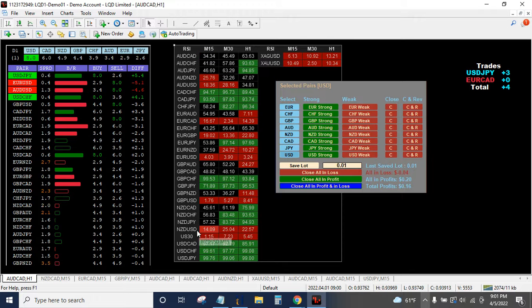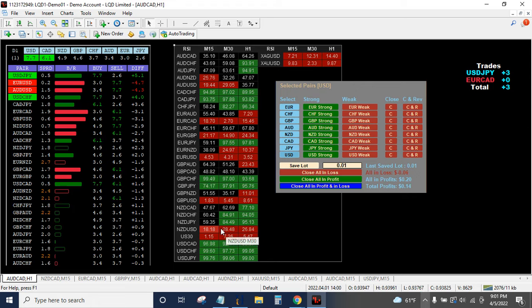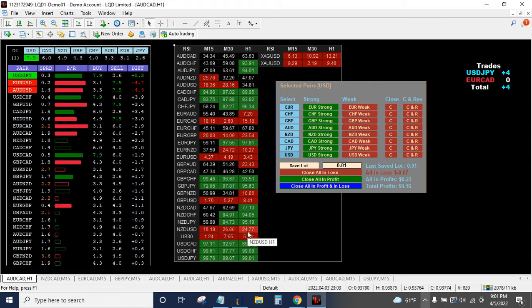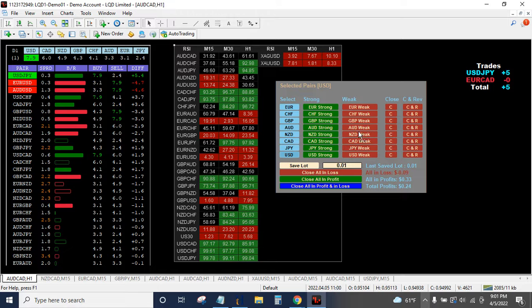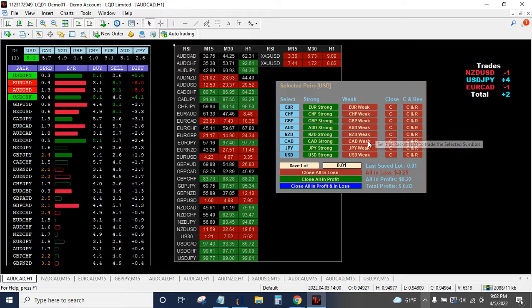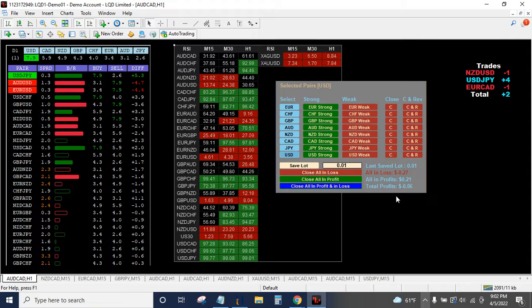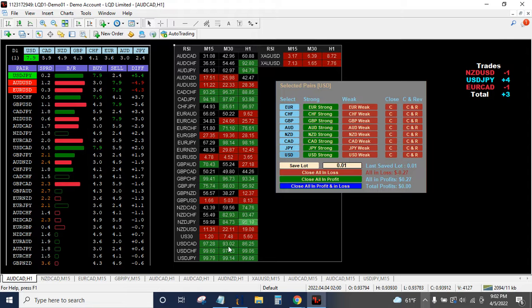Like say New Zealand USD, they're going to be short. So I click USD is strong, New Zealand is weak. So I'm going to click New Zealand USD here. Now a short position is opened because the three RSIs were below 30.